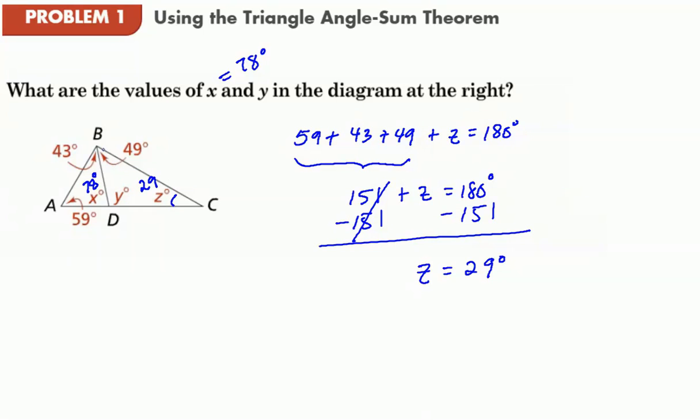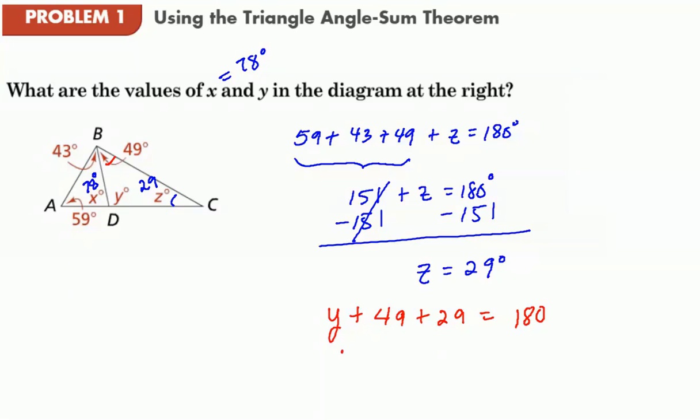We can go ahead and use the smaller triangle BDC to solve for y. So I could say that angle D, which is y, plus the DBC angle, which is 49, plus 29, will equal 180 degrees.